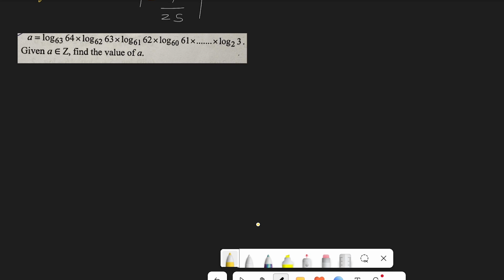In front of us is this equation, and it says that a equals this entire thing.